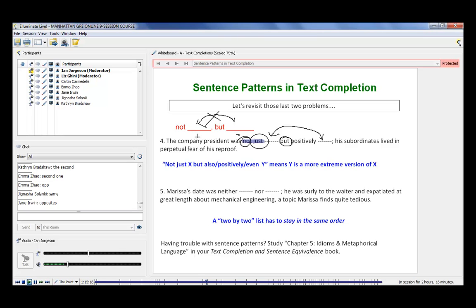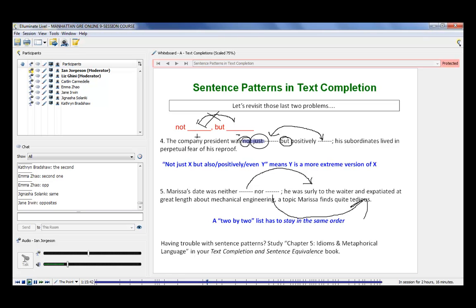He was surly to the waiter and so on. A good writer might vary things up, but the GRE doesn't do that. They're going to have the first blank relate to the first thing in the sentence, and the second blank relate to the second thing. They're always going to follow the same order. And that's nice. That makes our lives a little bit simpler.